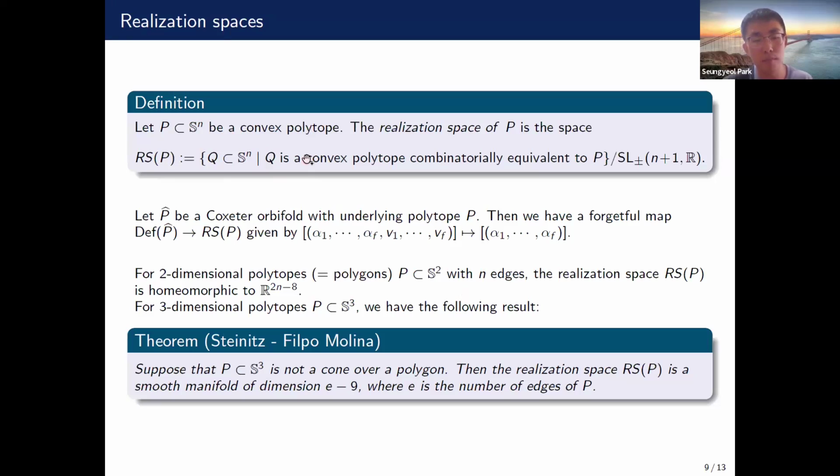Some of them are projectively equivalent to each other via the action of SL±, and some are not. So we collect all the convex polytopes inside Sn combinatorially equivalent to P and mod out by the action of SL±. That resulting space is called the realization space.